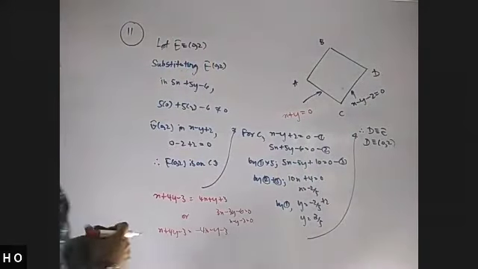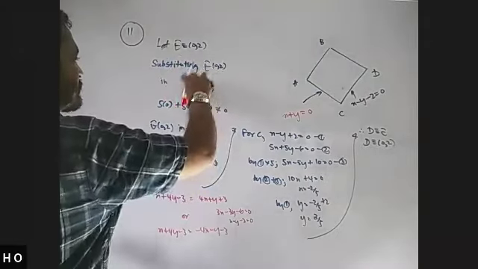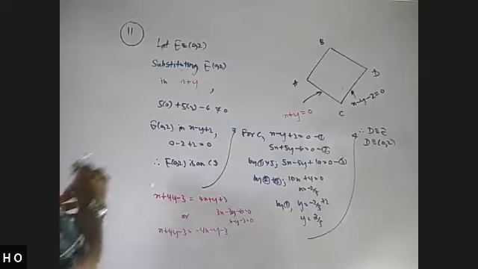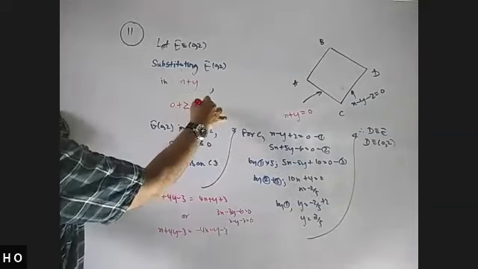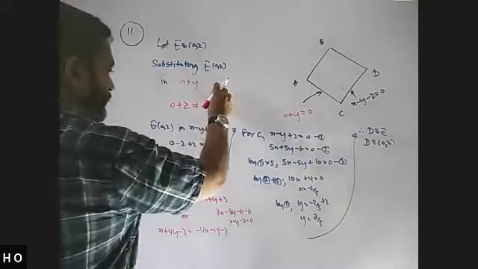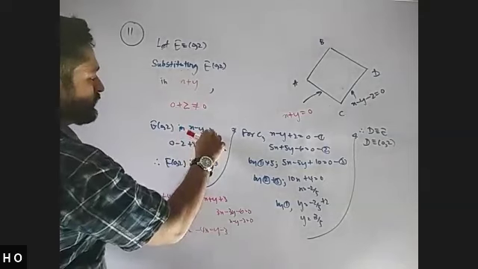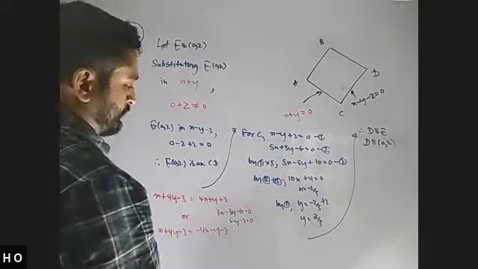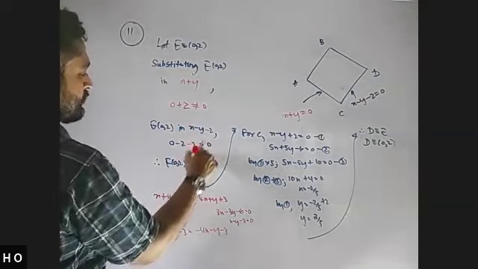So here we have x plus y equals 0. Obviously, x plus y is 0 plus 2, which is not 0 at all. It stays the same. And x minus y minus 2 is not 0 as well.